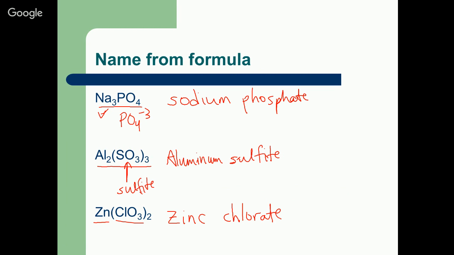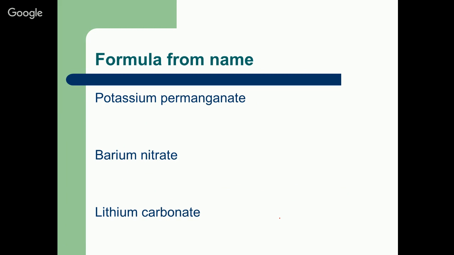All right, let's switch it up a bit and go from the name to the formula. Here we have the names: potassium permanganate, barium nitrate, and lithium carbonate. We'll start by identifying the formula of each ion and its charge. Potassium is K, and because it's in group 1, it has a +1 charge, so the ion is K+.